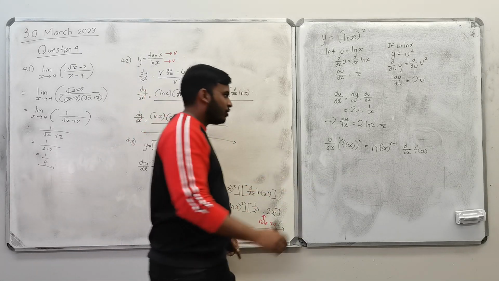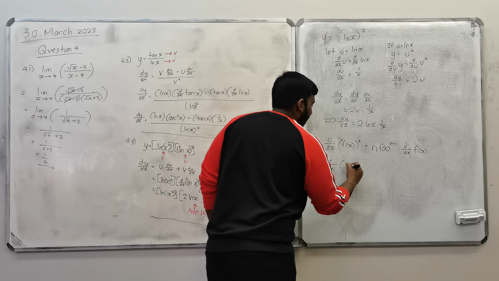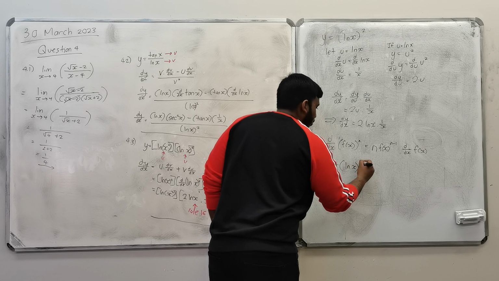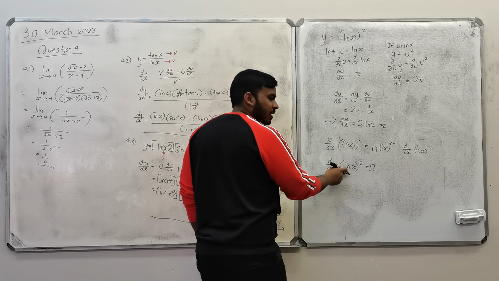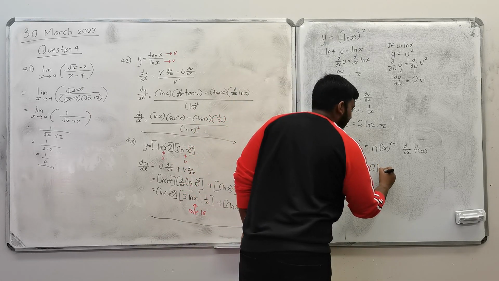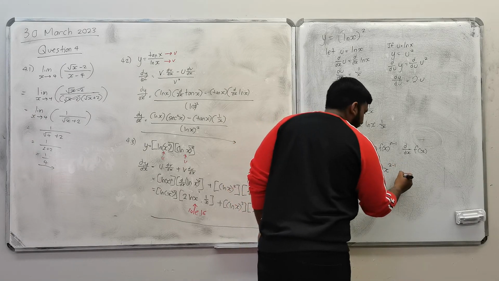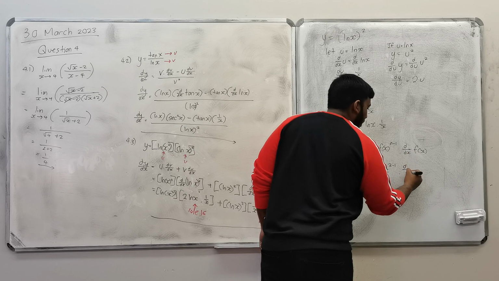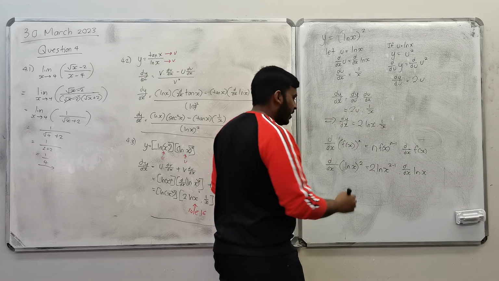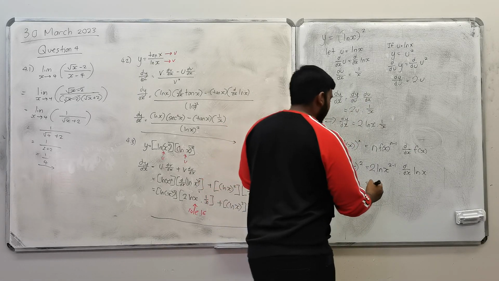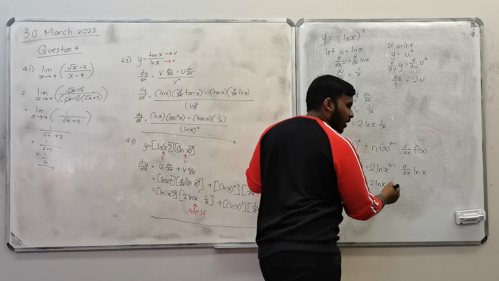So if you're taking the differentiation of ln of x to the power 2, it's 2 times f of x, which is ln of x, to the power 2 minus 1, times you're deriving now ln of x. So here it's going to become 2 ln of x to the power 1.